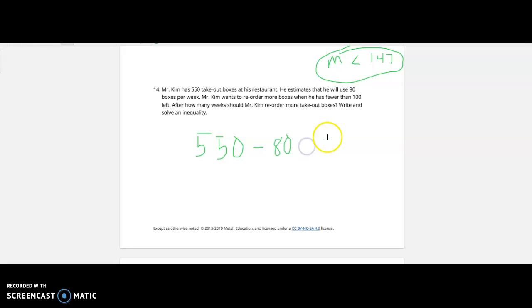So we'll go 80W, and he wants to reorder when it's fewer than or less than 100. So we subtract 550 from both sides. That's going to end up 450 on this side once we subtract.